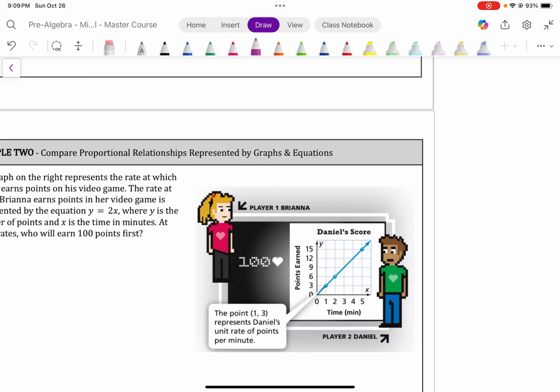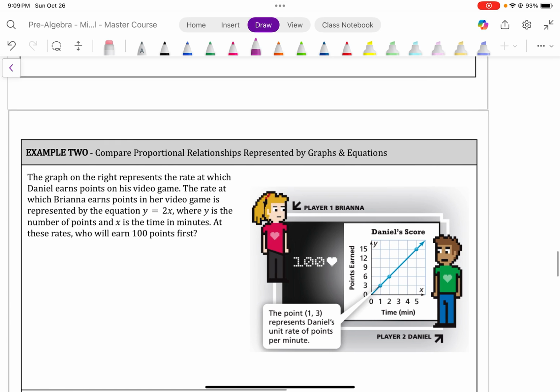Now we're going to compare Daniel and Brianna. This says the graph on the right represents the rate at which Daniel earns points on his video game. The rate which Brianna earns points is represented by the equation. So Daniel's on the graph. Oh, she gets 2 N's in her name, Brianna.